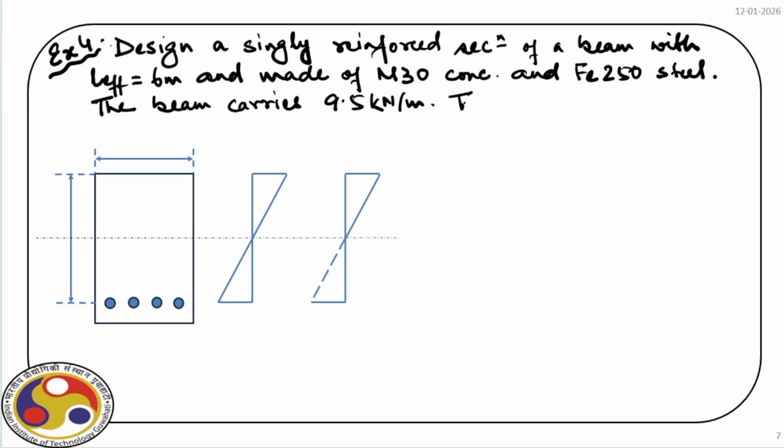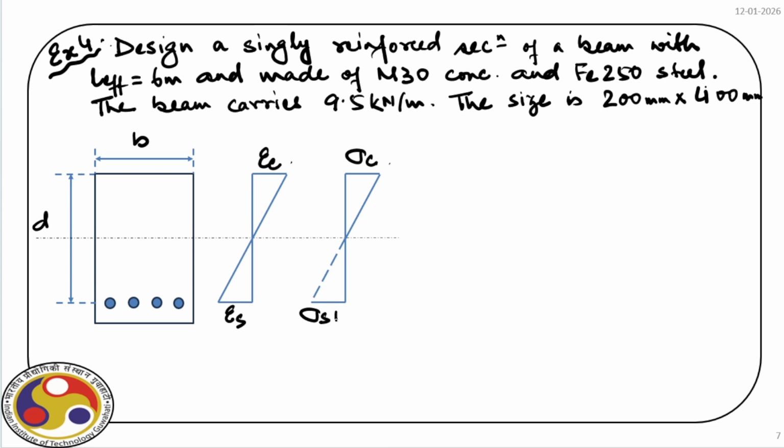The size is 200 millimeter by 400 millimeter. Okay, so this is B, this is D effective, epsilon C, epsilon S, then we have sigma C, sigma ST divided by M. So let us solve this problem.